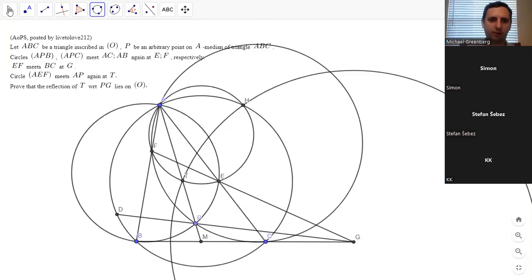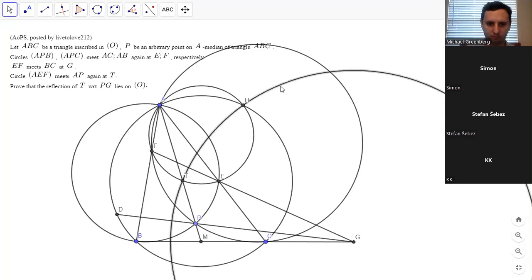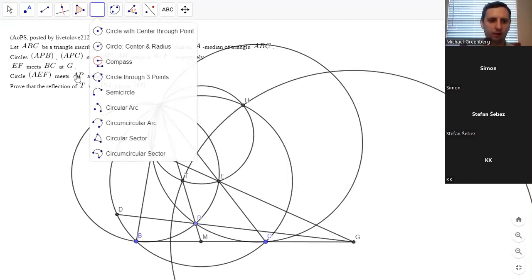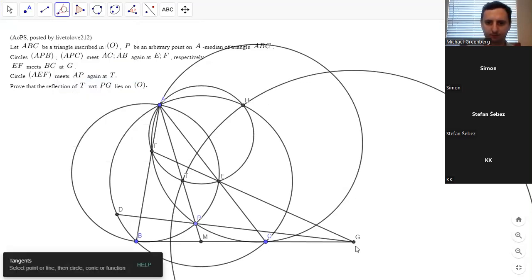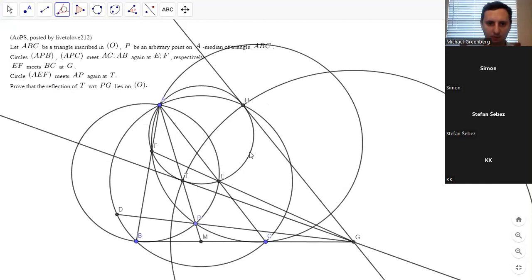But it's not obvious why GT equals GH. Yeah, it looks like GT and GH are the tangents to AEF. Okay. That's interesting.